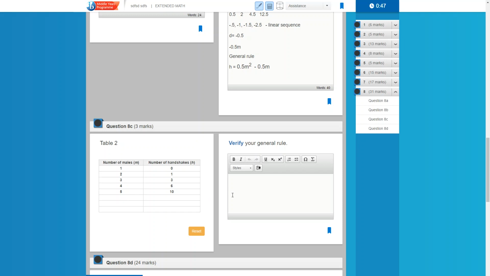So if I substitute in m is equal to 5, then h is equal to 0.5 multiplied by 5 squared, subtract 0.5 times 5, so I get h equals 12.5, take away 2.5, which is equal to 10. So the rule is verified.